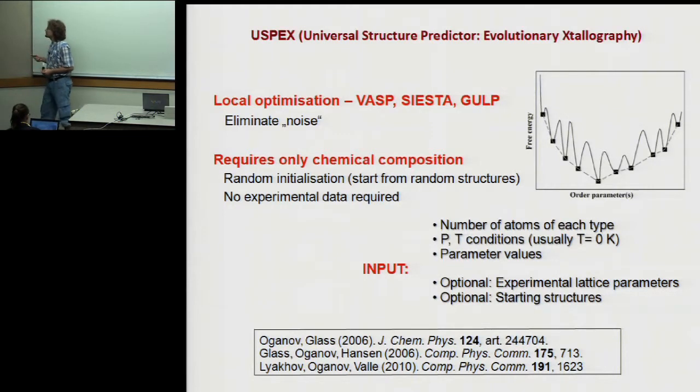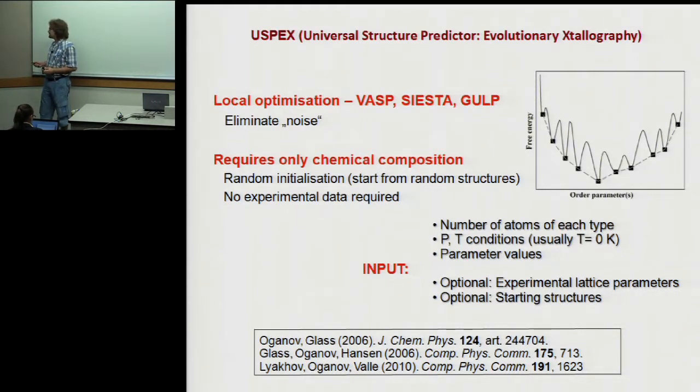So if the physics is not correctly represented by this code, of course our results are not good. So we rely on this code, and all we need to start the calculation is the chemical formula, the number of formula units in the unit cell, and the condition. That's it. And we can start.